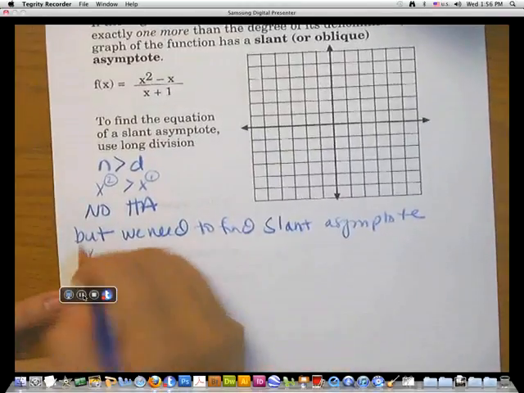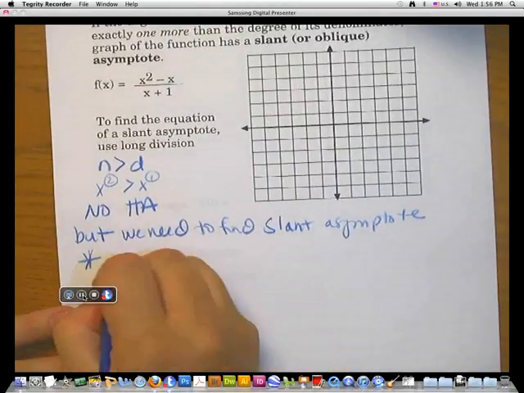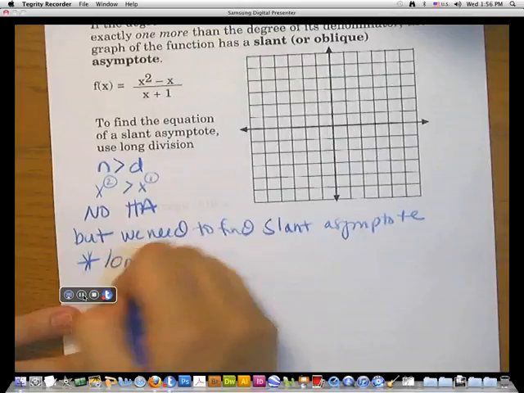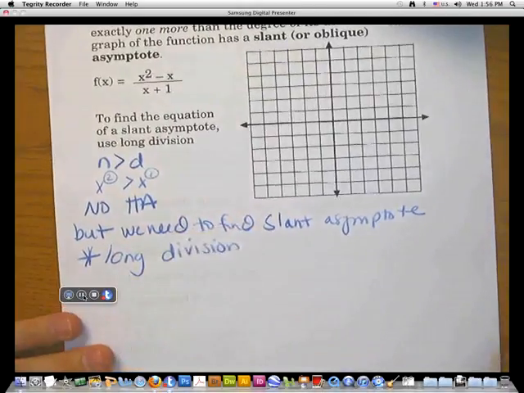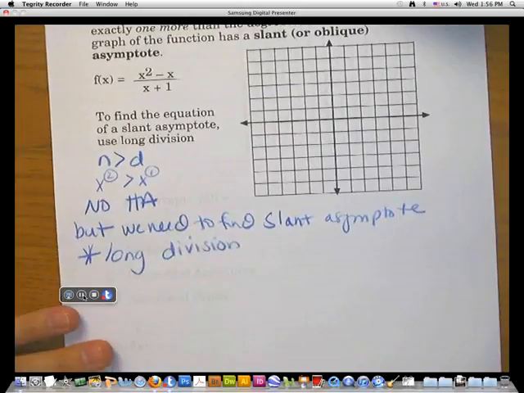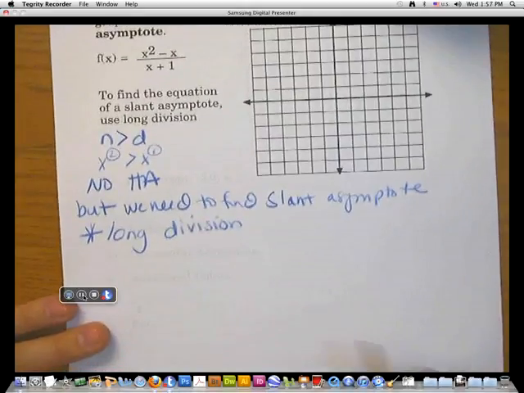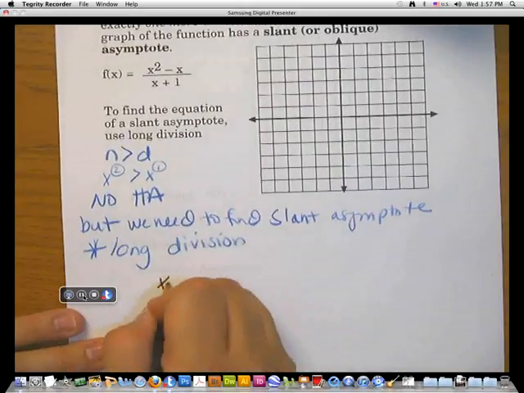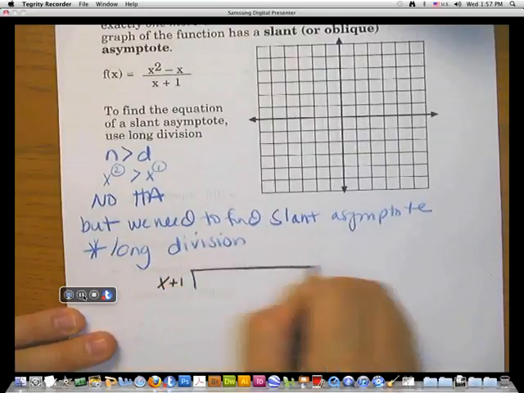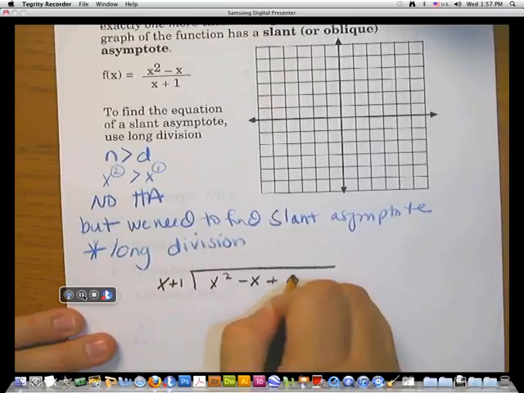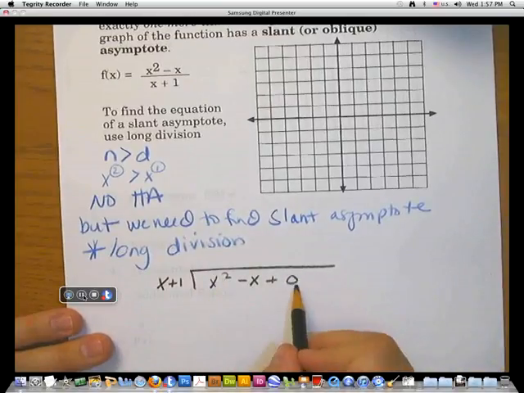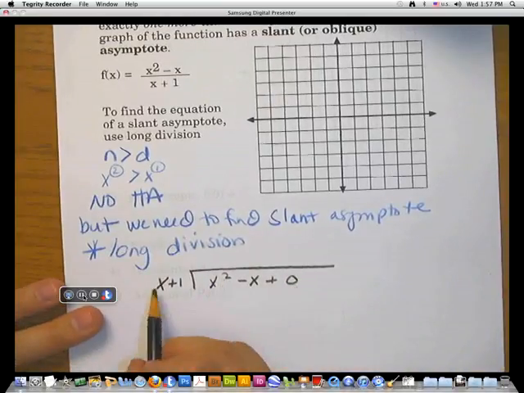Alright, and the way you find the slant is you're going to do longhand division, what we had done a little while back. So we're going to take the denominator into the numerator, make sure we have every position accounted for, the second power, the first power, and the constant, and we divide it in.